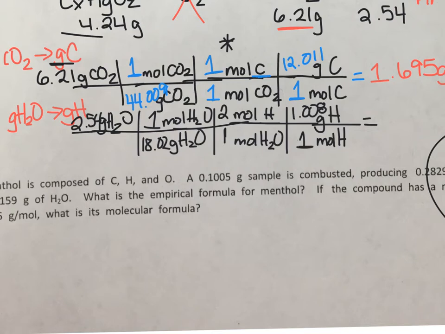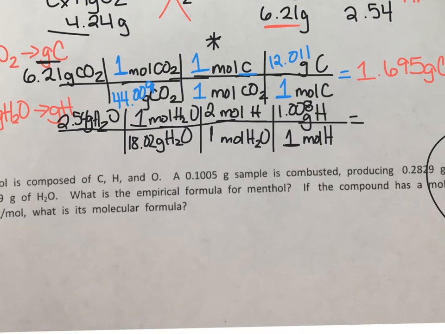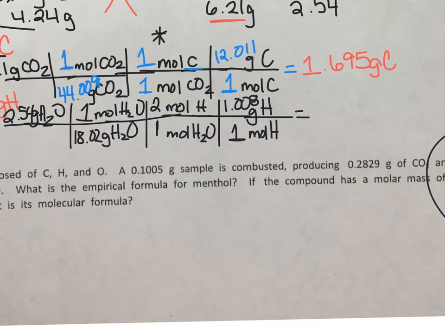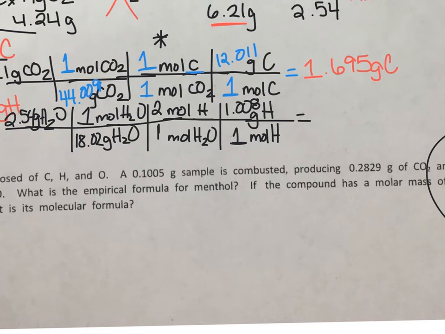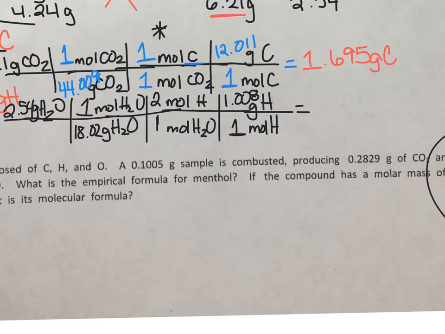Let's get our grams of that. So this one is 2.54 times 2 times 1.008. Push equals, divide by 18.02. If you notice, I skip all the ones. Good. 0.284.